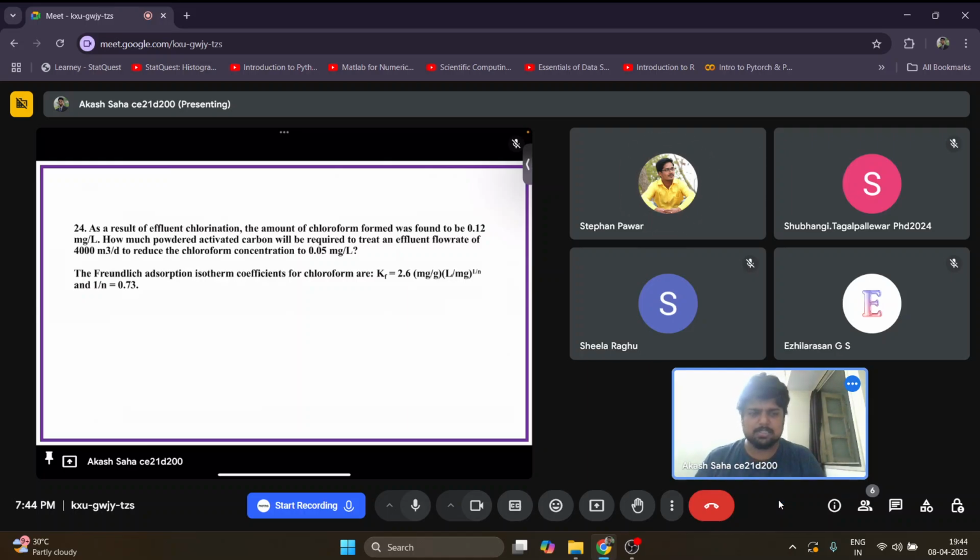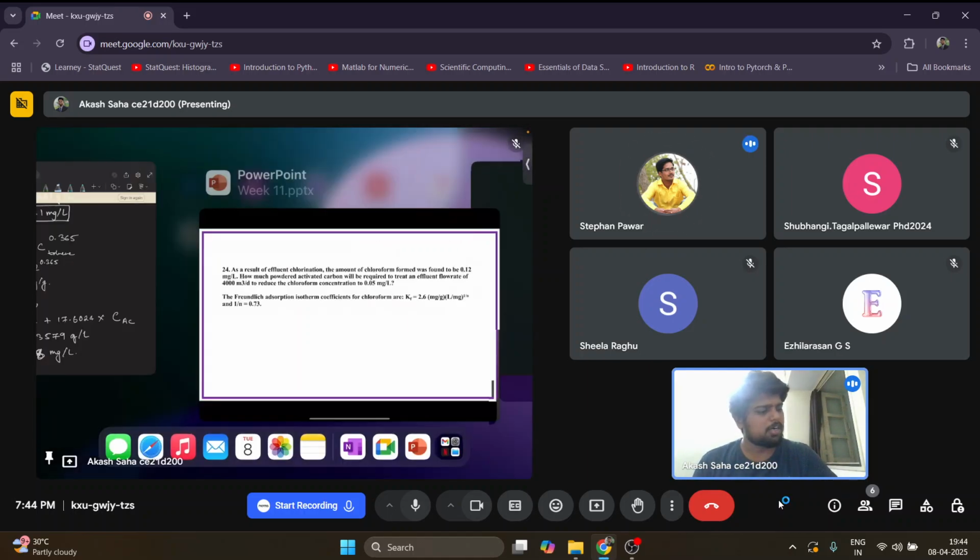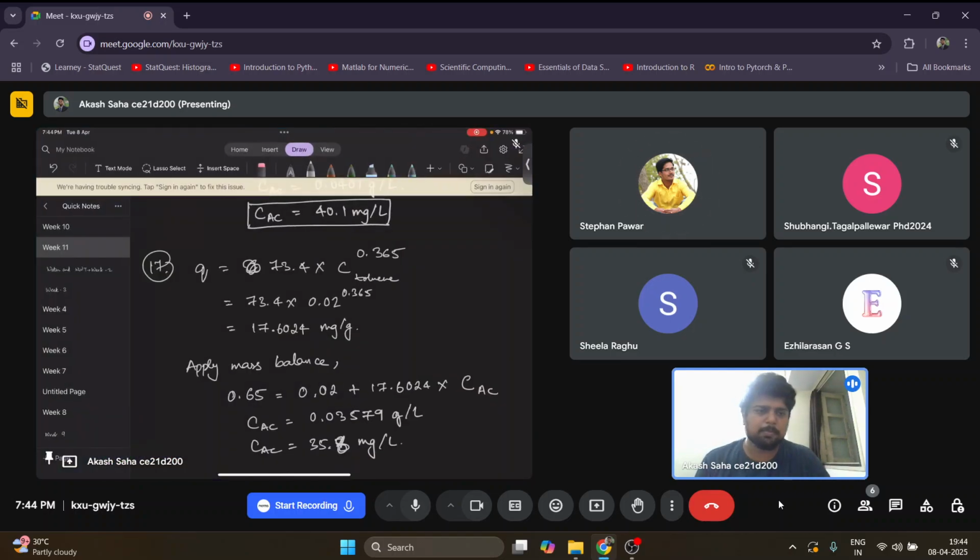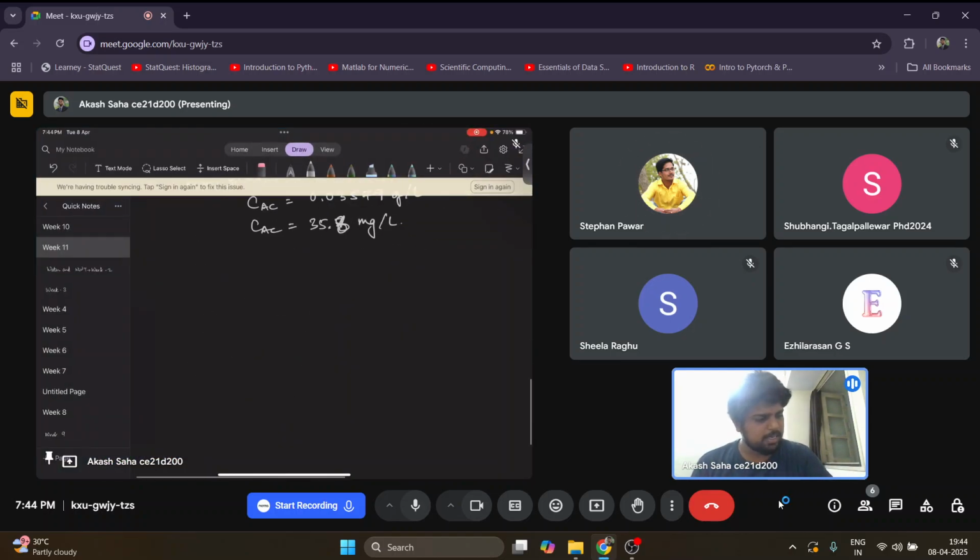So here I will just take a different approach, because we have seen this approach of solving the problem. So here again another approach is there. Generally how we define the adsorption capacity: adsorption capacity Qe, we define it as the volume by mass into the initial concentration minus the final concentration.